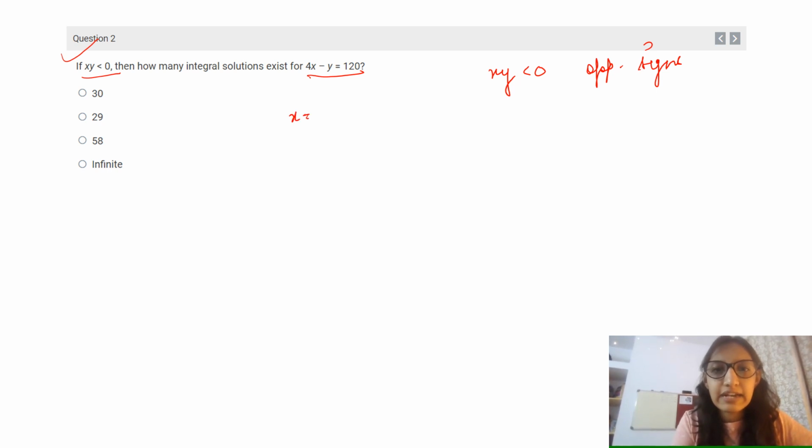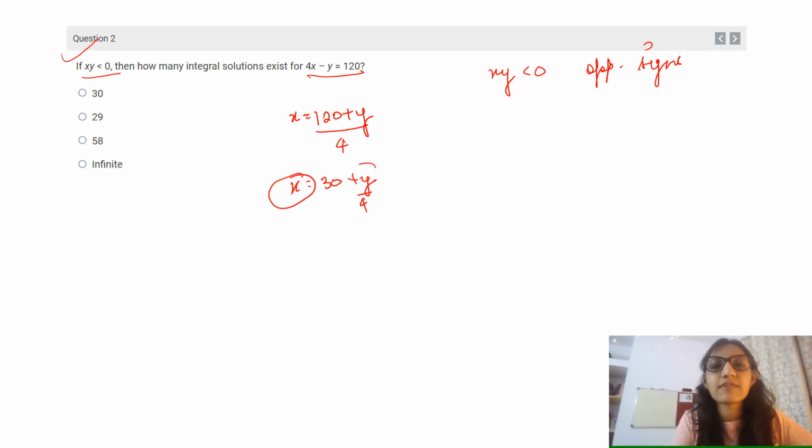So here we can write this as 120 plus y by 4. This can be written as x equals 30 plus y by 4. So for having an integral solution, y has to be definitely an integer, and x and y need to have opposite signs. So for example, let's start with y.